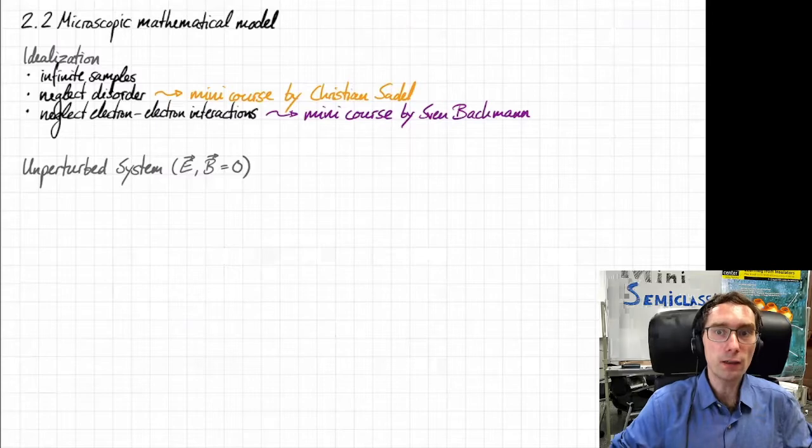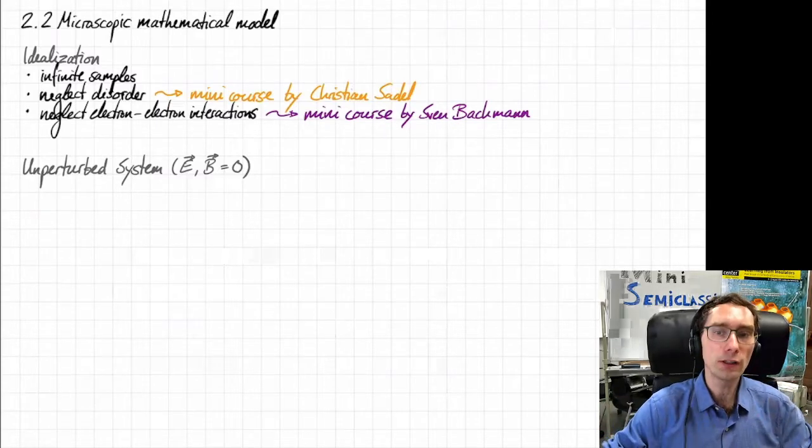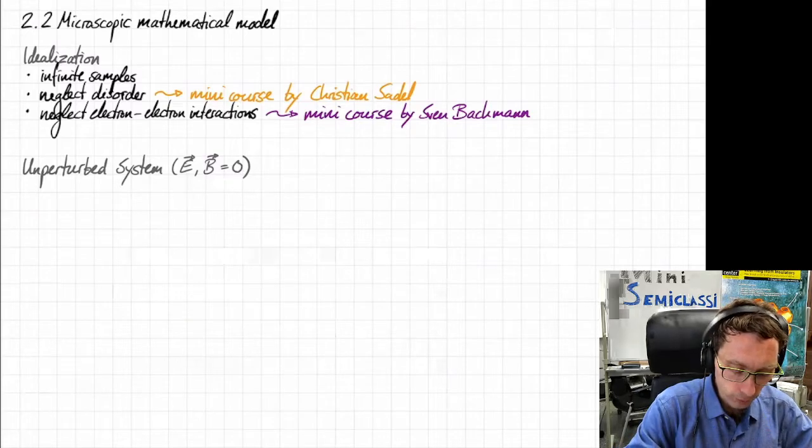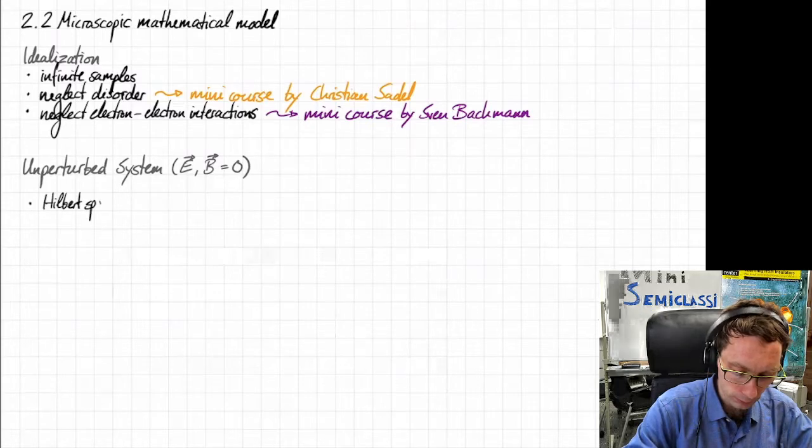And then, if we're in a single particle picture on R^d, the Hilbert space is initially just L2 over R^d.